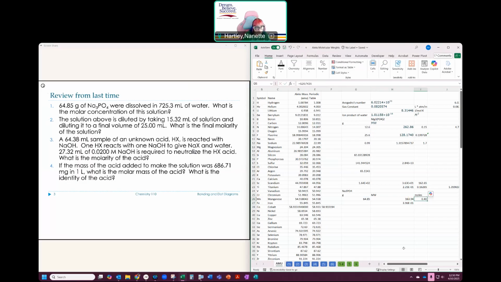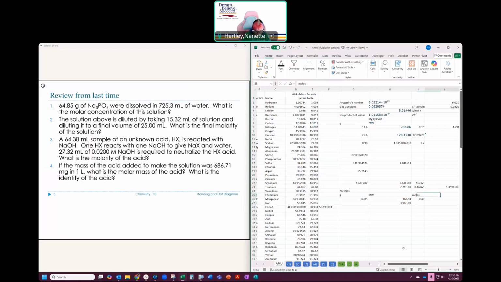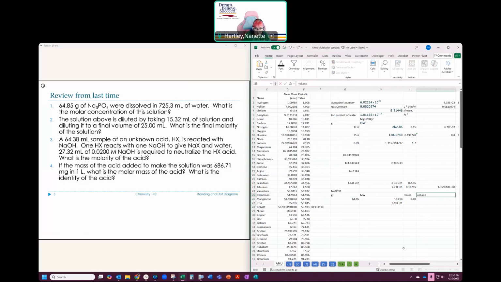Now that I have the number of moles, I can divide by the volume in liters. And so that's equal to the volume that I have in milliliters, 725.3 divided by 1,000.